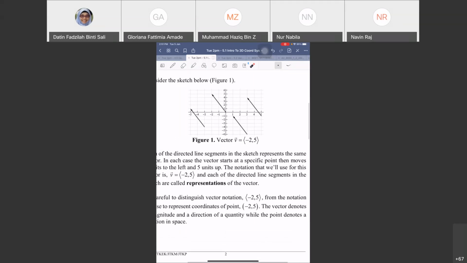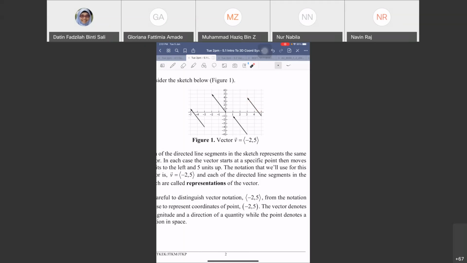Remember I mentioned last time about the mistake in the module on complex numbers: when we plot a complex number there shouldn't be an arrow, because an arrow is meant for vectors. A vector has magnitude as well as direction, so it is represented by an arrow, and you know where your vector is heading.